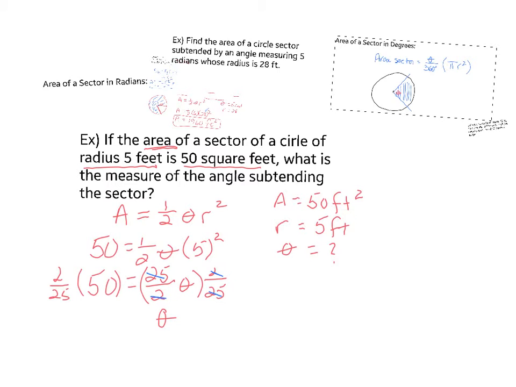And on this side, I know that 25 goes into 50 twice, so I actually don't need my calculator here. I get that theta equals 2 times 2, which is 4, and again the units here is radians because I chose the radians version of the formula. And that is finding the area of a sector of a circle in both degrees and radians.